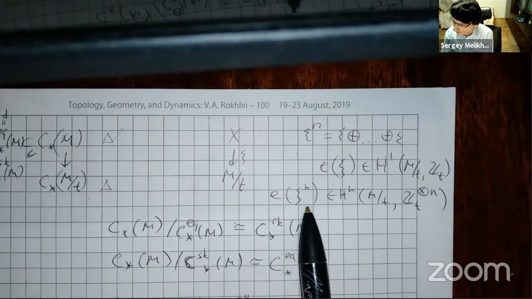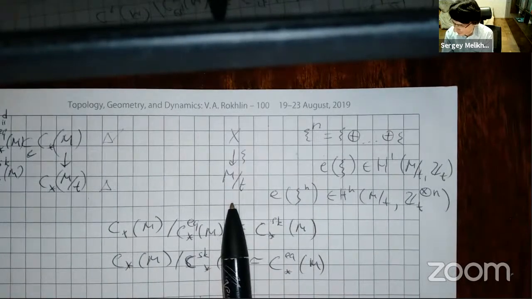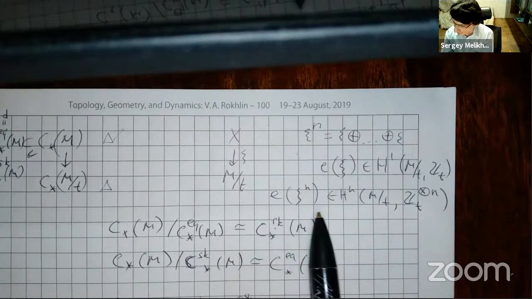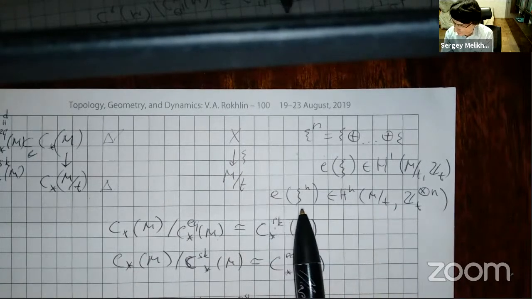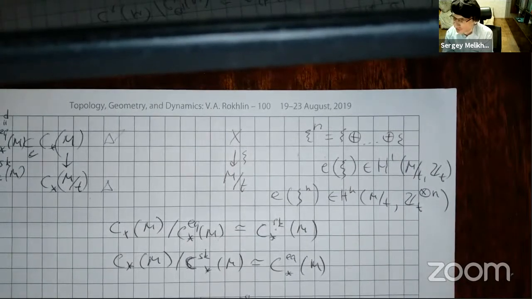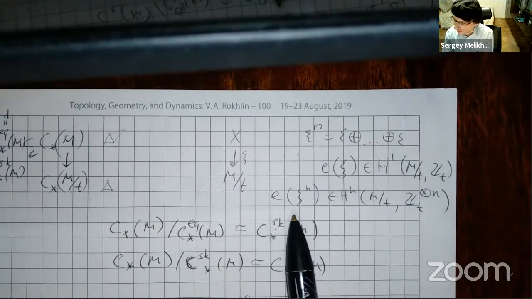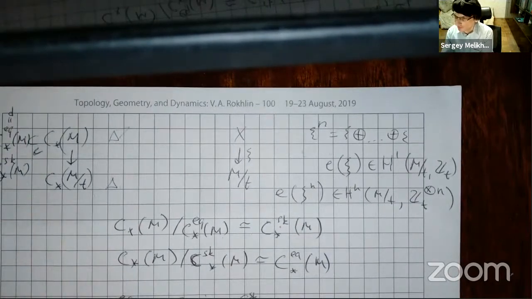And when n is odd, this is a non-orientable bundle. It can be non-orientable, at least. And so this is the twisted Euler class for non-orientable bundles, which lives in cohomology with twisted coefficients. So this is an internal definition, which doesn't require any maps into infinity.